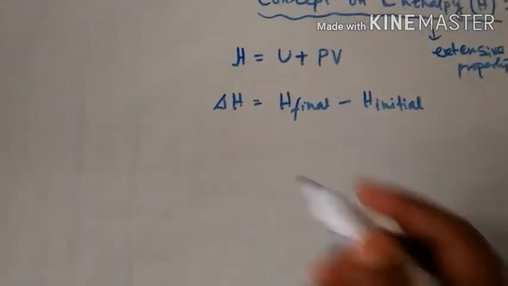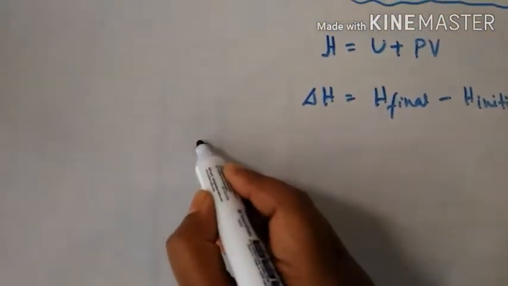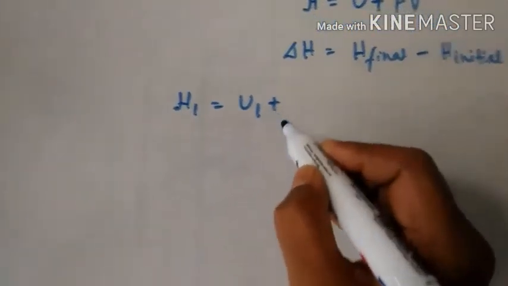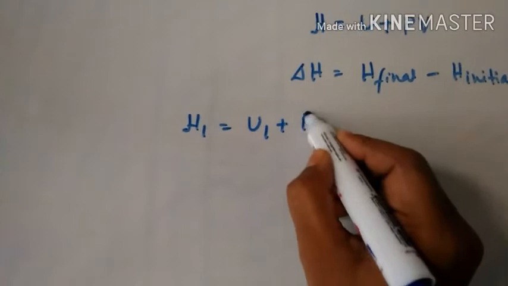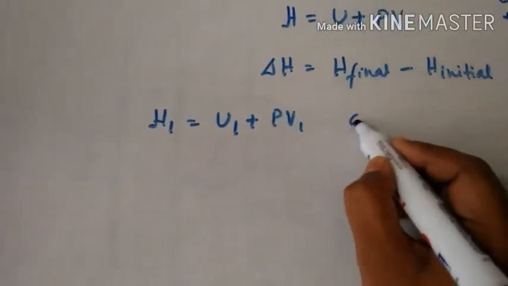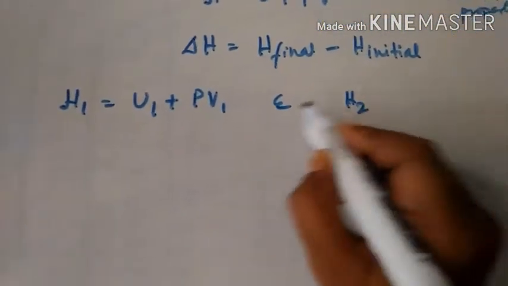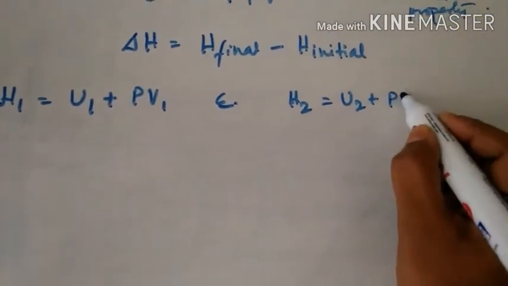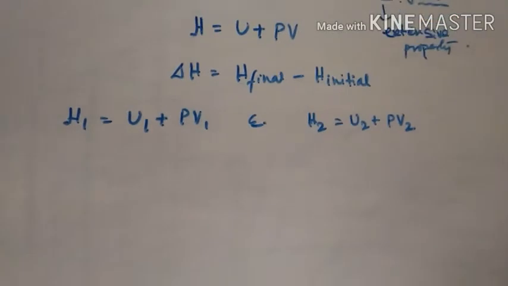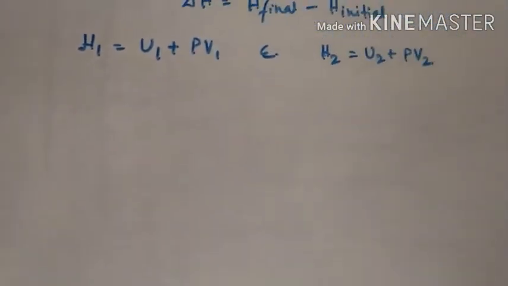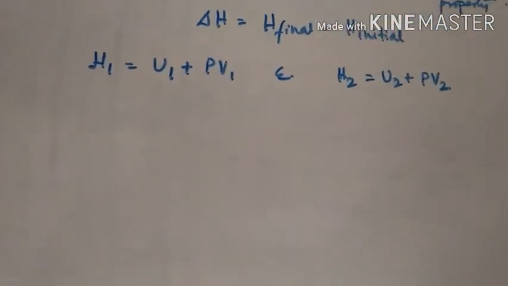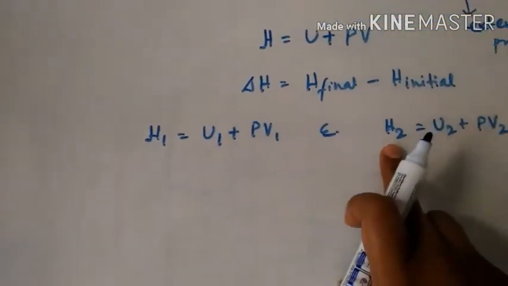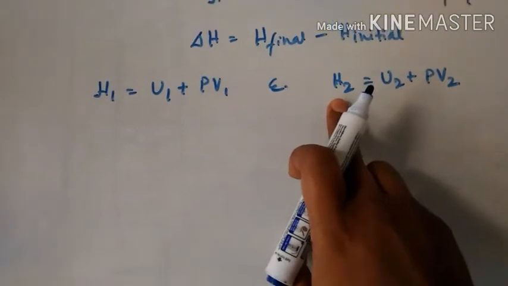So we can write H1 equals U1 plus PV1, and H2 equals U2 plus PV2, where H1 is the enthalpy of the first system and H2 is the enthalpy of the second system.